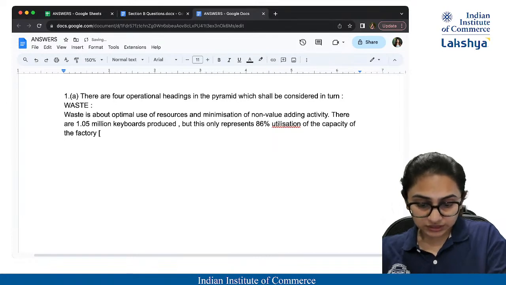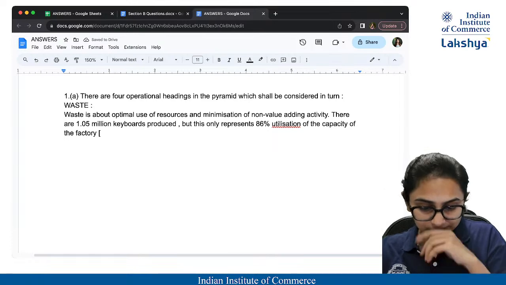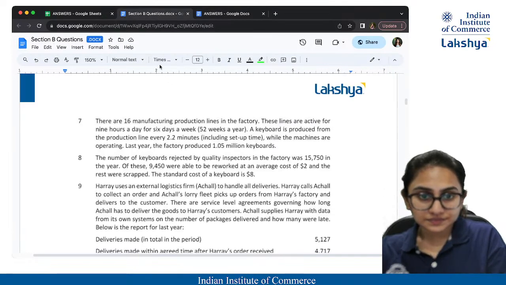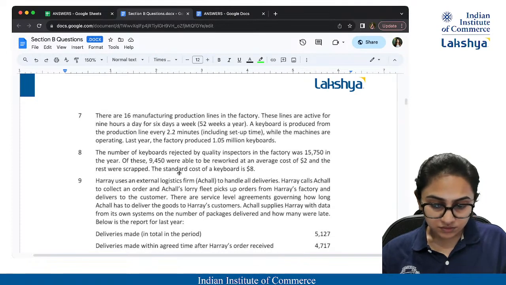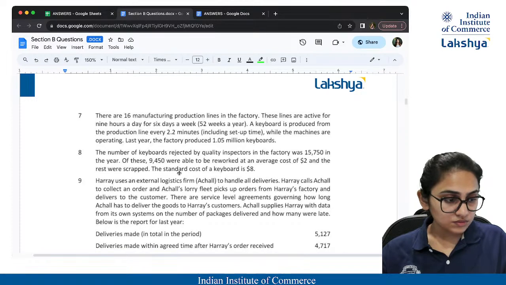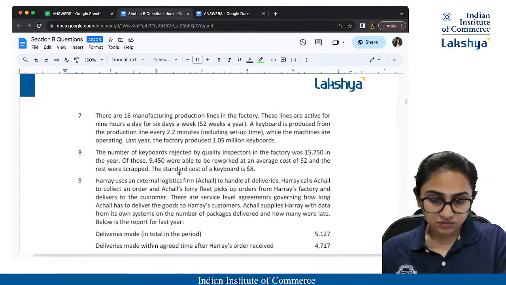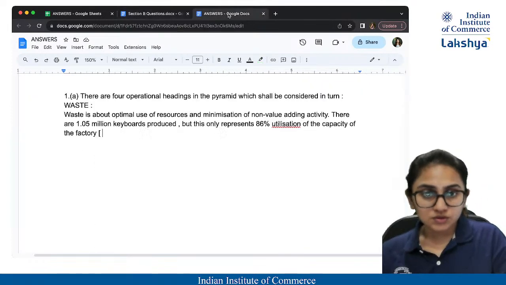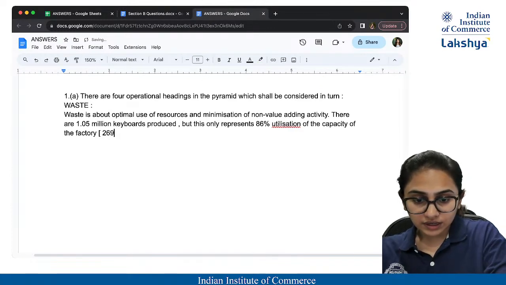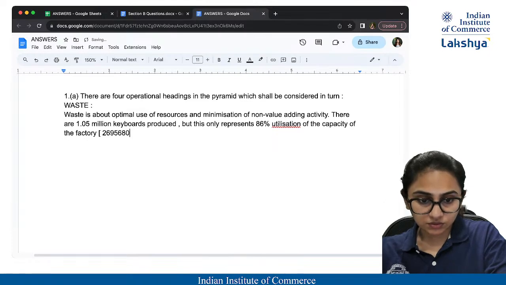The capacity of the factory is, when you multiply all of this, you get 2695680 minutes.